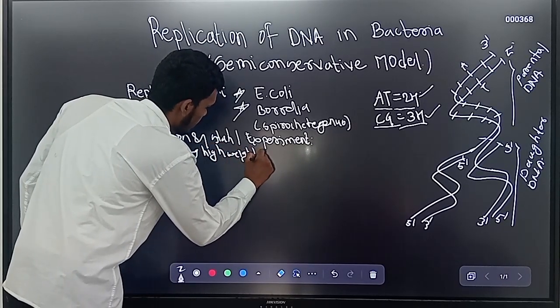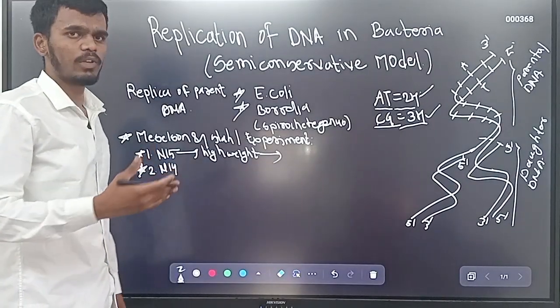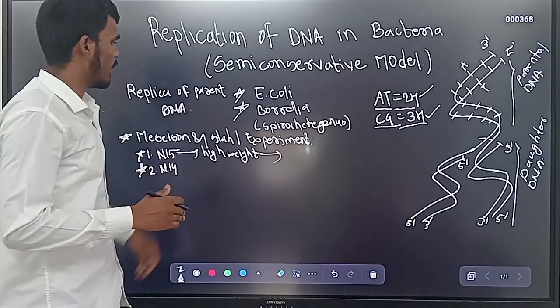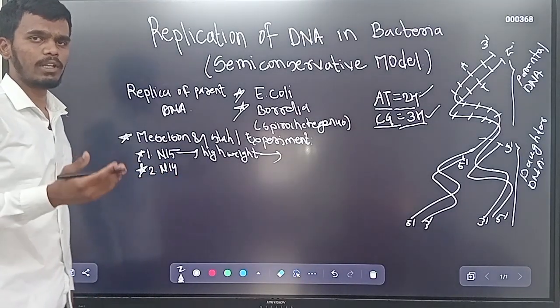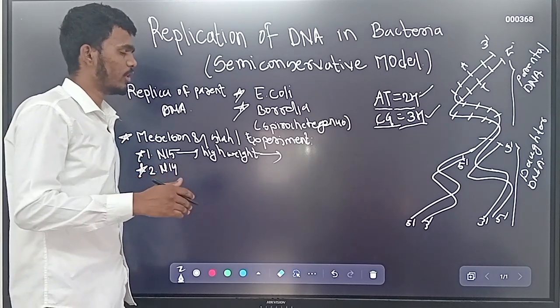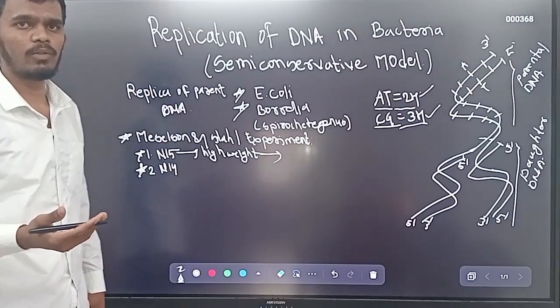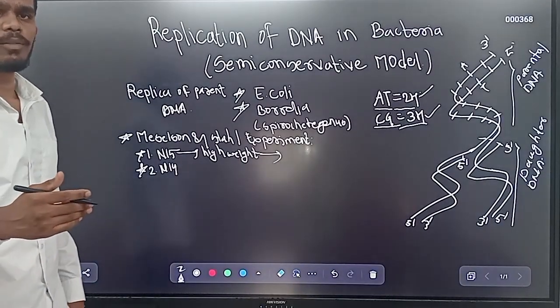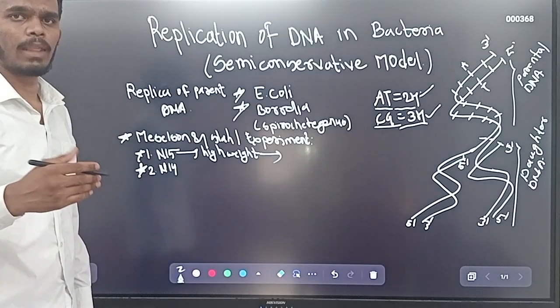because of which, when parental bacteria are grown in nitrogen 15, they will have DNA containing nitrogen 15, which will have higher molecular weight. Because of this, in the next part of the experiment we are going to use the centrifugation process with the help of cesium chloride as a medium.